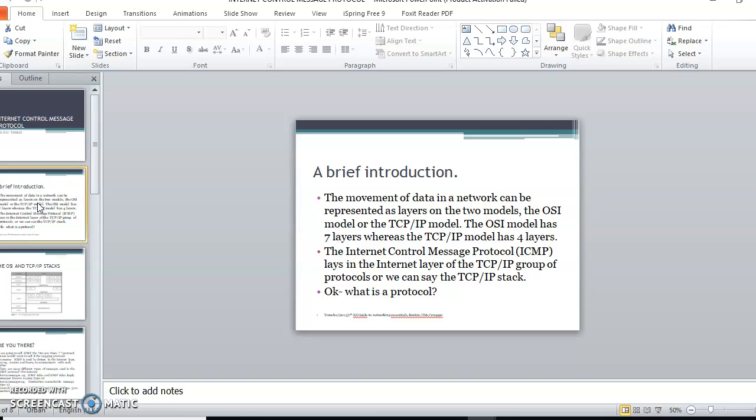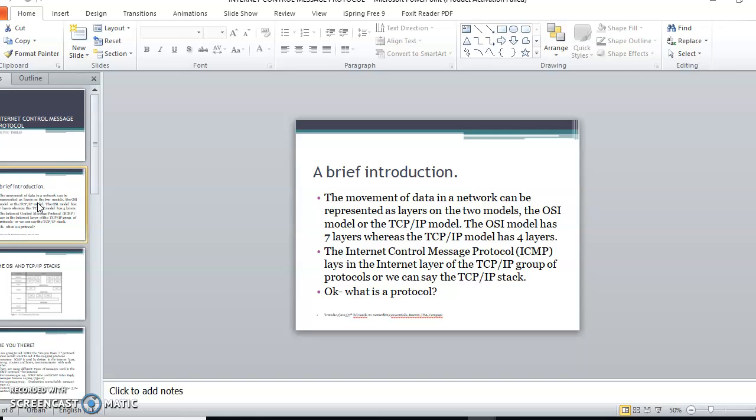Okay, what is a protocol? I think most of you have heard of the word protocol being mentioned, such as government protocol or diplomatic protocol. This really means the set of rules or guidelines that have to be used when dealing with government affairs.